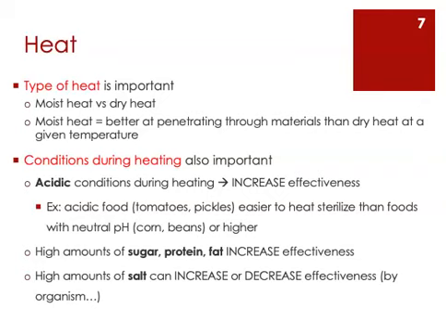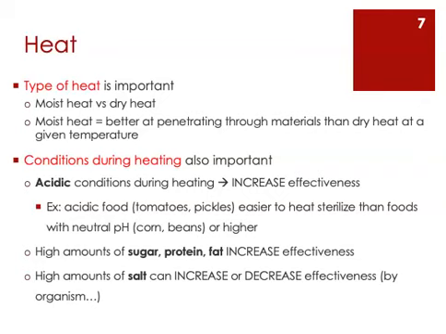For example, acidic conditions during heating will increase the effectiveness of the heat. So imagine, for example, that you are trying to preserve foods for packaging. Maybe you are canning foods, and you have to apply heat to ensure that you have sterilized those foods. Acidic foods are essentially easier to heat sterilize.